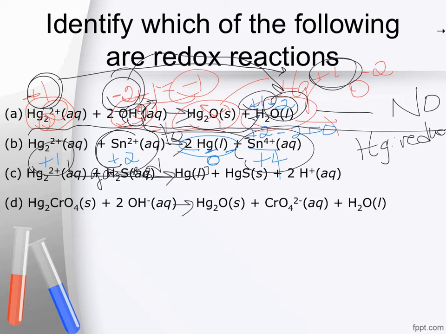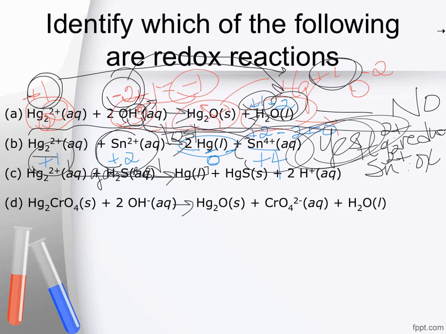It has lost electrons. So, to give the exact species that's been reduced and oxidized, the tin ion has been oxidized and the mercury ion has been reduced. So B, yes, is a redox reaction.